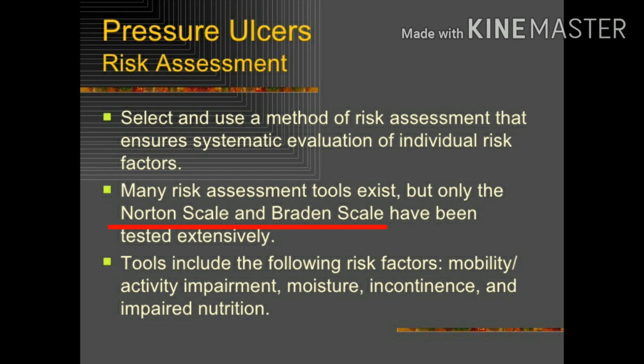Many risk assessment tools exist, but only the Norton scale and Braden scale have been tested extensively. Tools include the following risk factors: mobility, activity impairment, moisture, incontinence, and impaired nutrition.